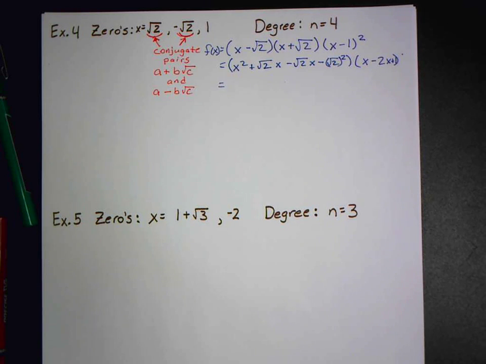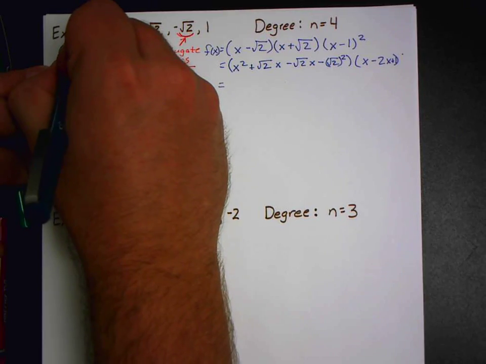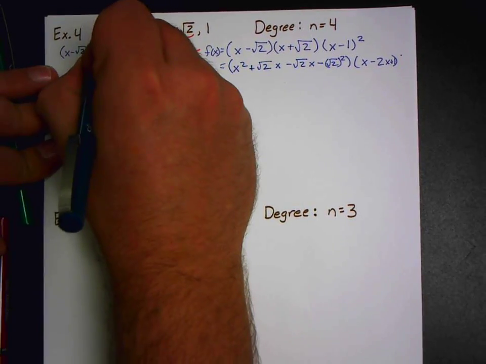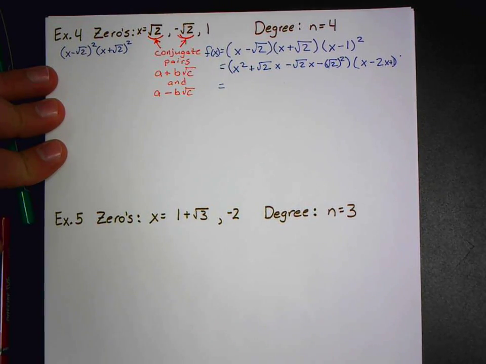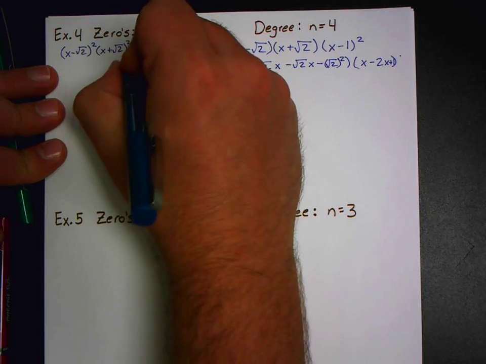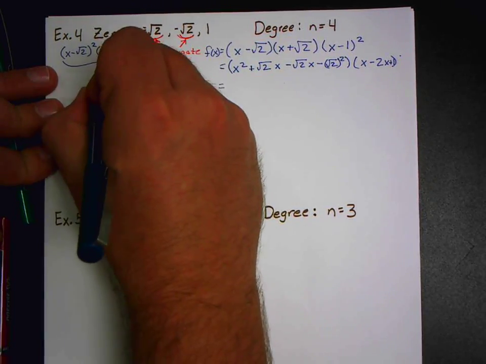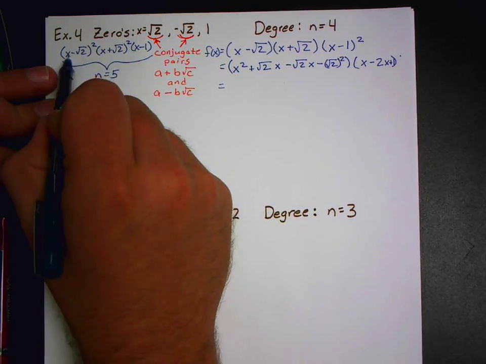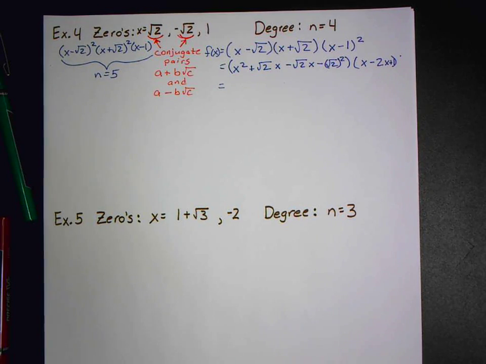Yes, they have to have a multiplicity of 1, because if I were to do this and do that, the only way to do that is if this one was also squared. Because they have to occur together. But then if I did that, then this gives me a degree of 5, because I have 5 x's. I have 2 x's here, 2 x's here, and 1 x there, which is not what my problem said.